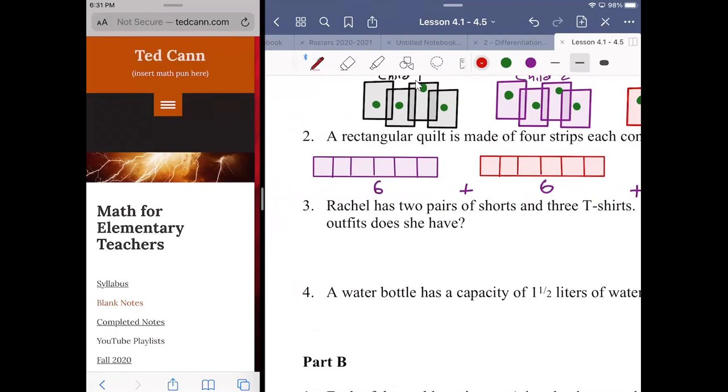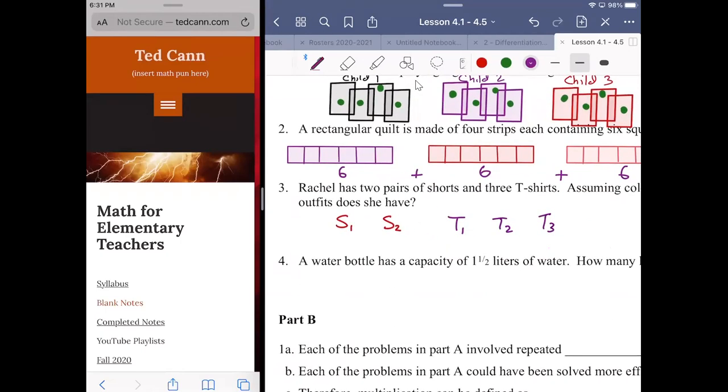So I'm going to say shorts 1 and shorts 2. And then we have 3 t-shirts: t-shirt number 1, t-shirt number 2, t-shirt number 3. And if we want to box those in, I guess that's fine. But in this case, we're talking about a little bit of a different take on this concept.